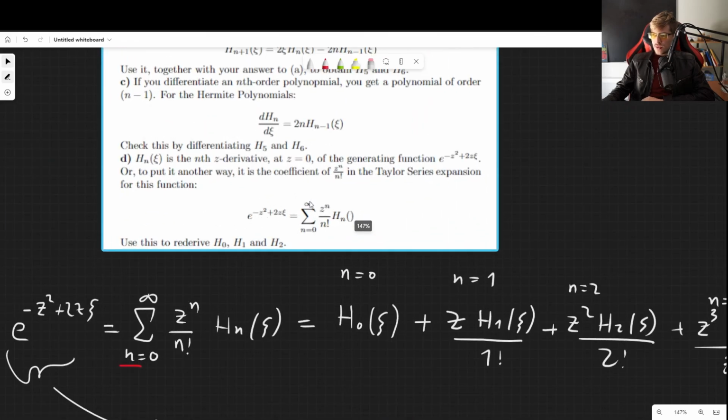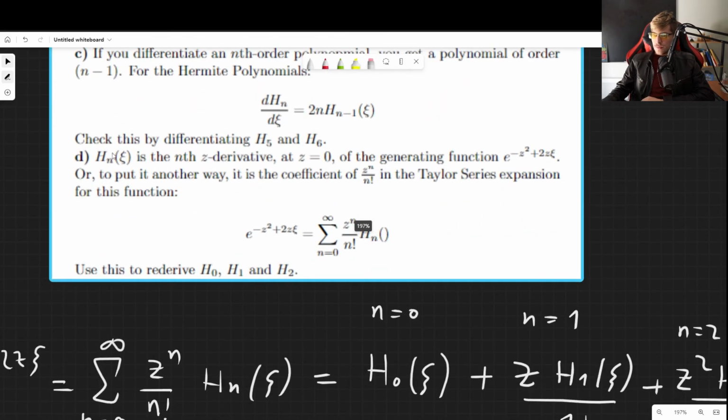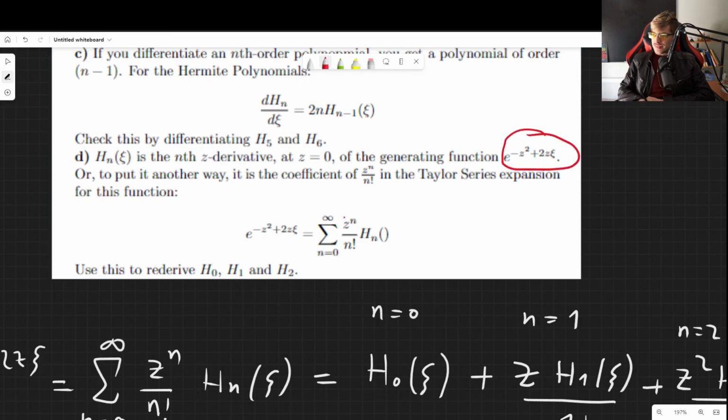And that's also why you can see that they said the Hermite polynomial is the nth z derivative at z equals 0 of that function. So we took a few extra steps by taking a look at this, just so that you could understand why that is. Because when you expand this in the Taylor expansion, both sides will be multiplied by this part.